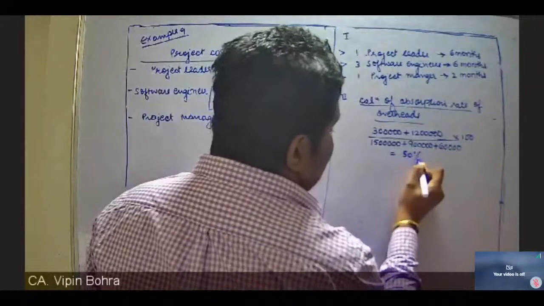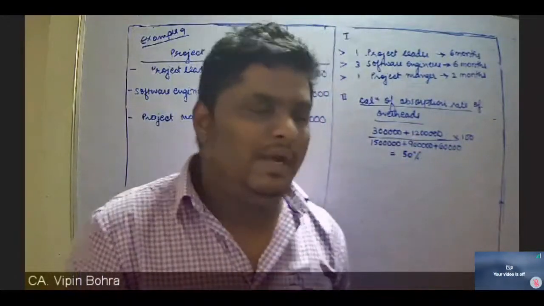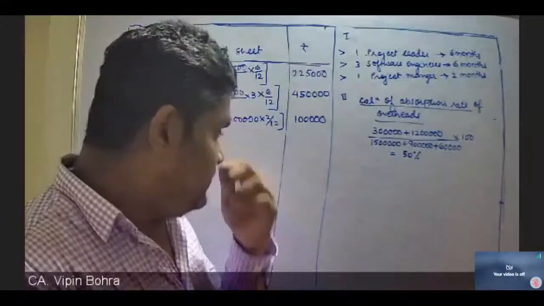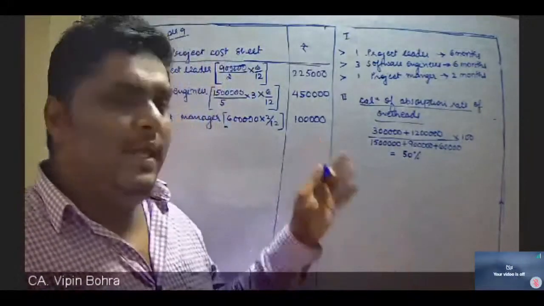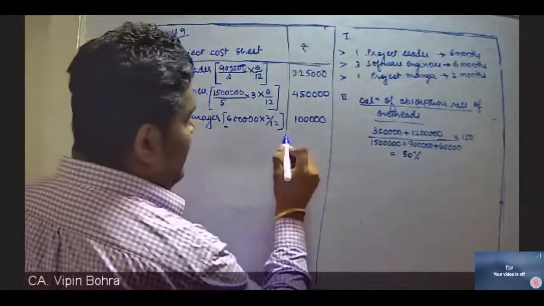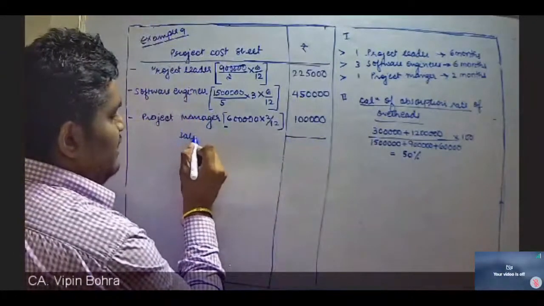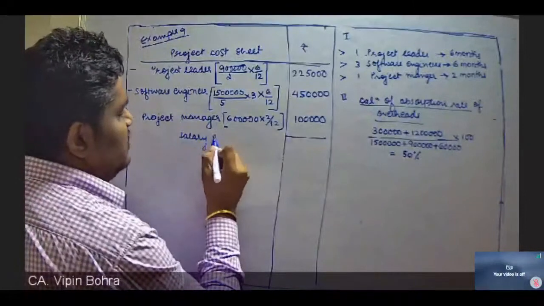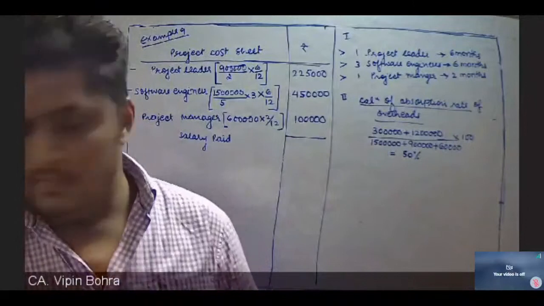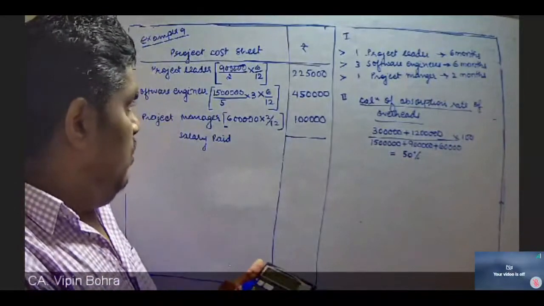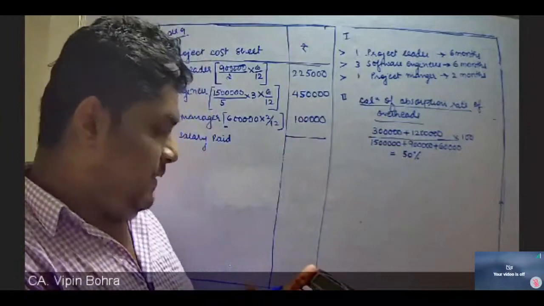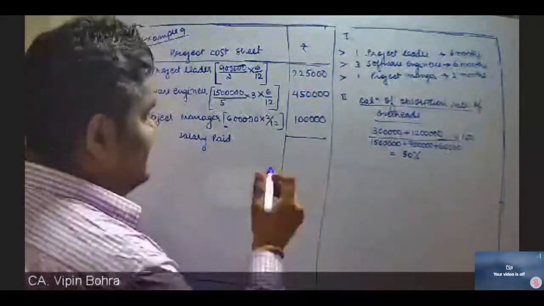Since we have to charge the overheads to this project cost sheet, we calculated the absorption rate, and accordingly we'll be absorbing the overheads on the basis of salary paid. So total salary paid in this project is 2,25,000 plus 4,50,000 plus 1 lakh, that is 7,75,000.